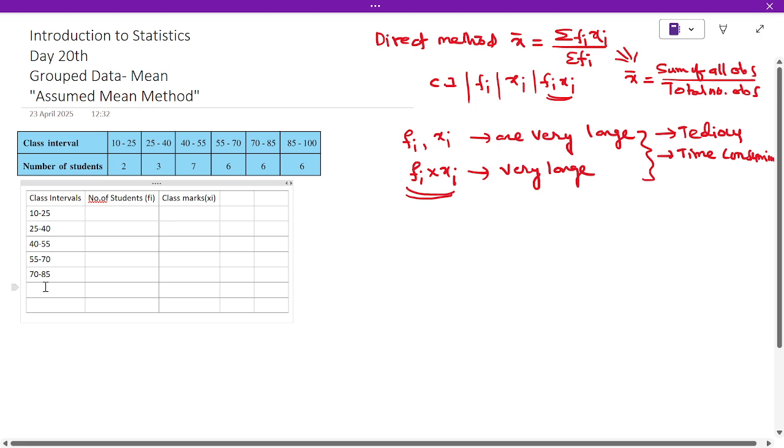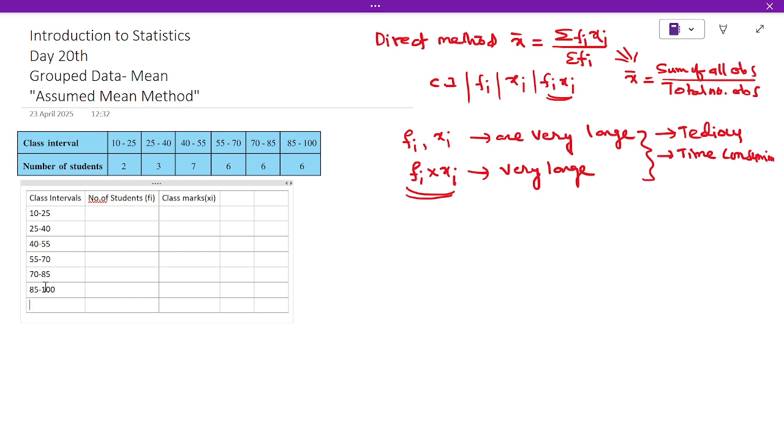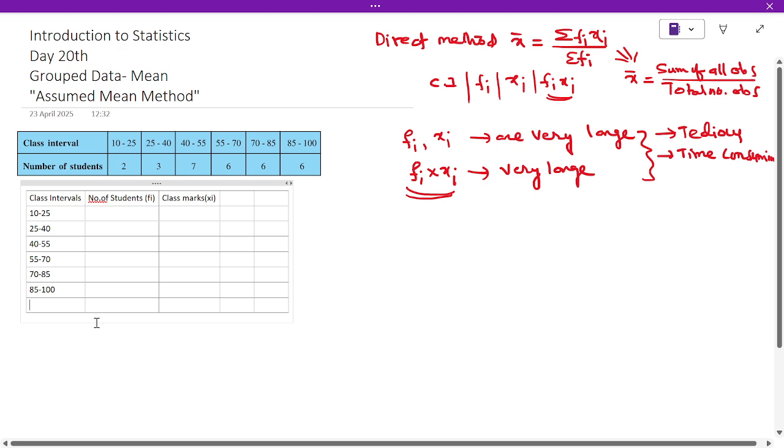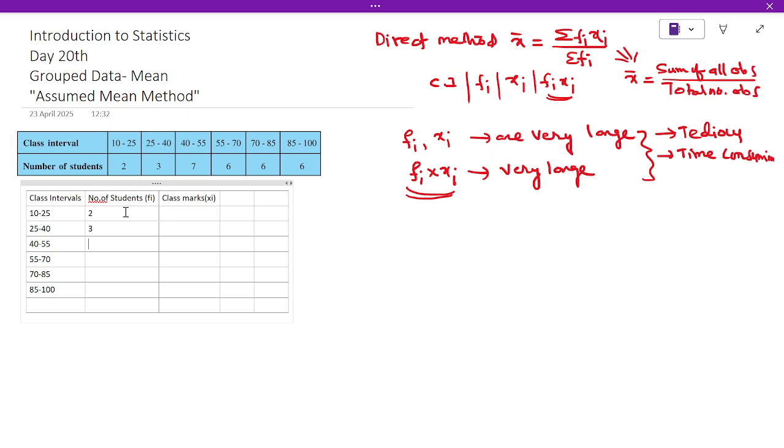So here 85 to 100, so the last row I'll keep to take this sum, right? So till here there is no change, the same as how we have done in the direct method, similar way we are going to do.